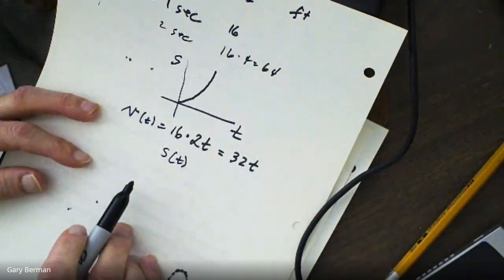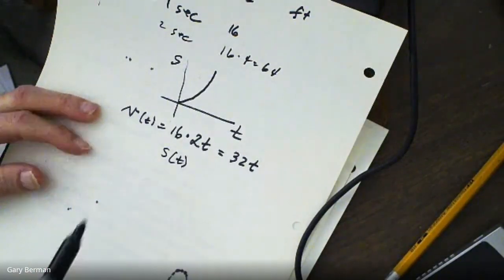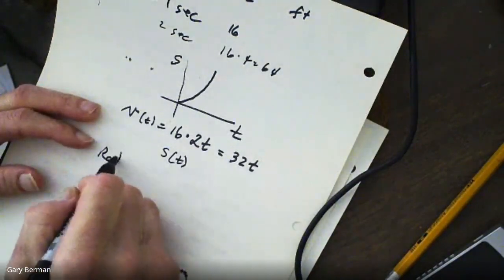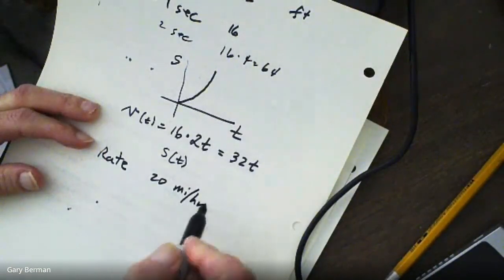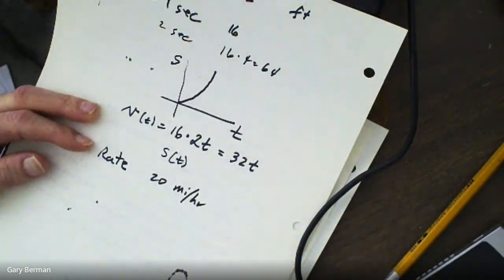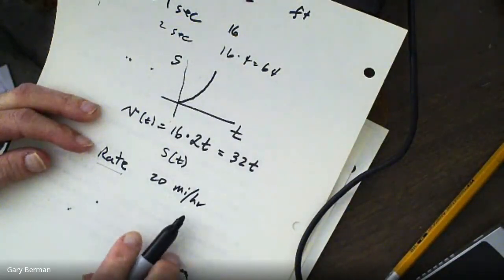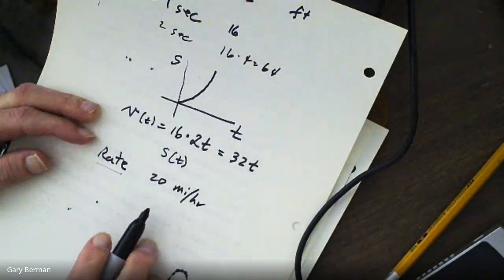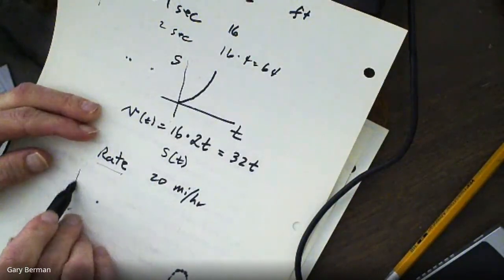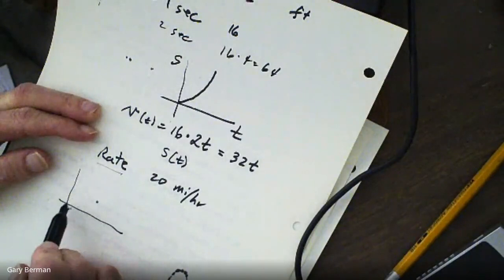What is a velocity, if you think about it? Well, a velocity is a rate, right? Like 20 miles an hour, that's a rate. It tells you how fast one variable is changing as the other variable changes, right? For every increase of 1 hour, I increase 20 miles in distance. Remember, I said a slope also represents a rate in general.